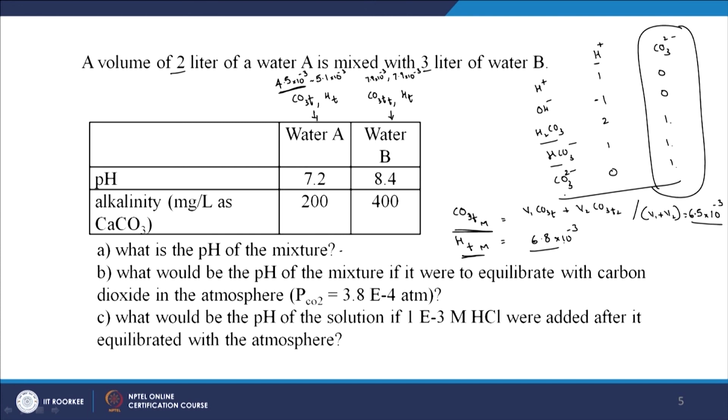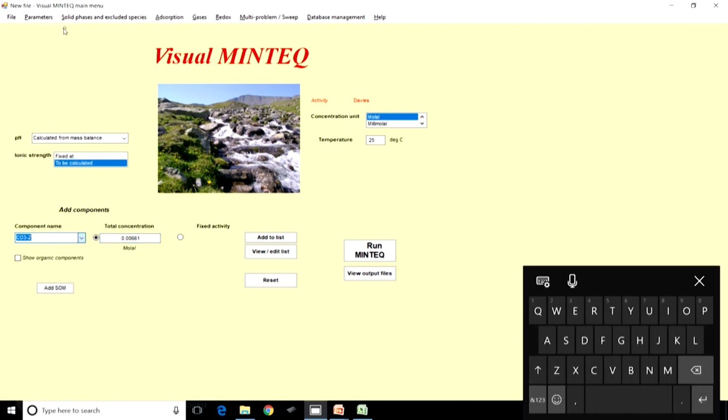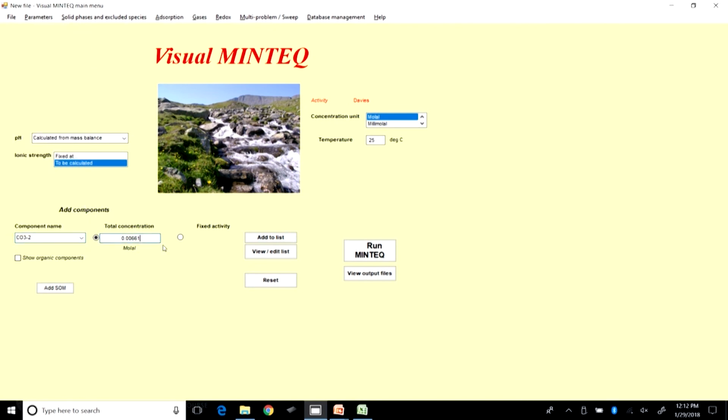So, now we have two values. What are they here? H total and CO3 total of the mixture, right. Now, I can easily calculate the pH of the solutions. So, we are going to plug in the two components, they are CO3 2 minus, and I am going to use the accurate values, not the approximate values that I used earlier. So, from my calculations we will end up with 6.61 into 10 power minus 3.